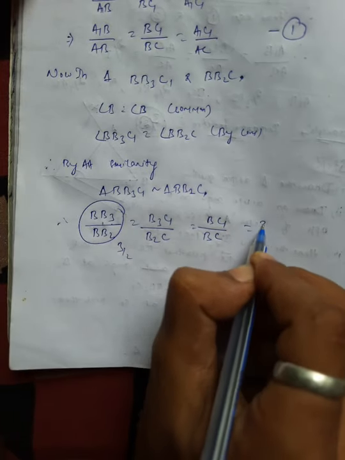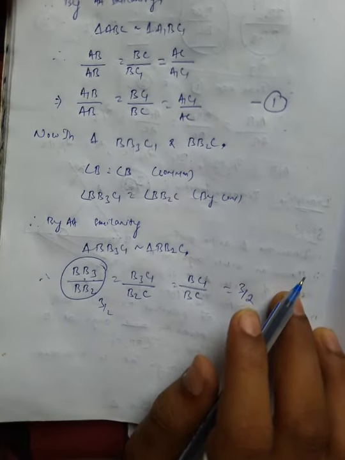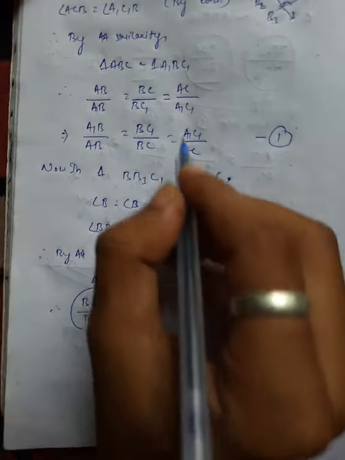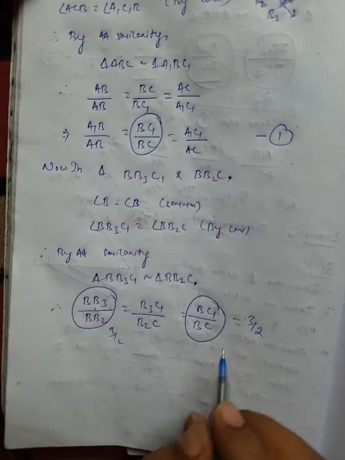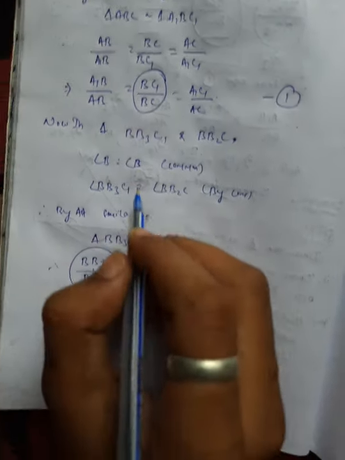Also these are all equal to 3 by 2. Here we have to note BC1 by BC, so BC1 by BC is 3 by 2, and these are all equal to 3 by 2.